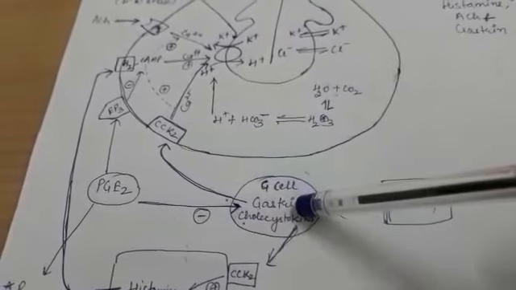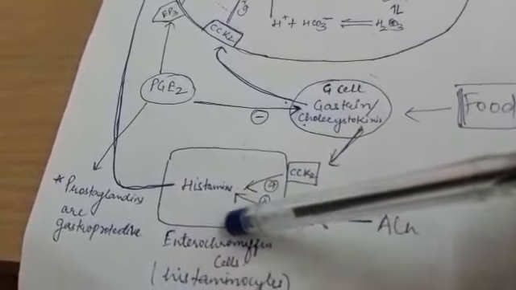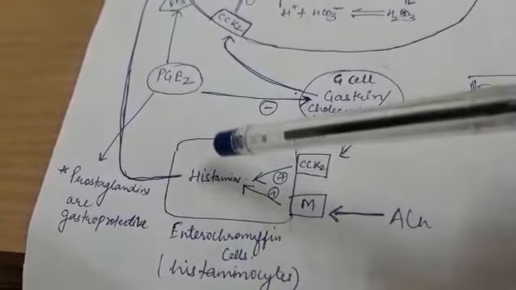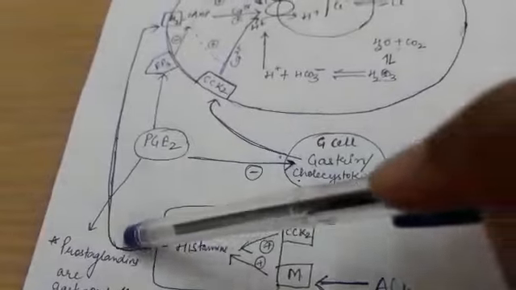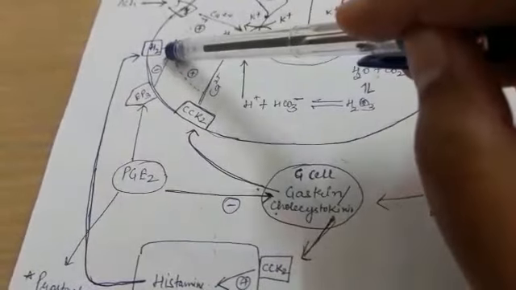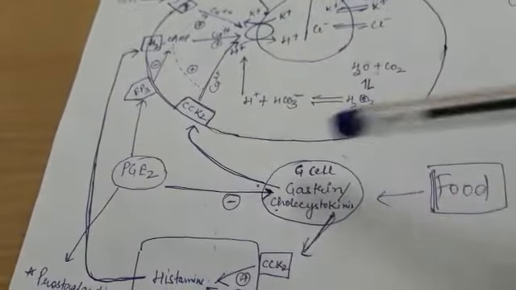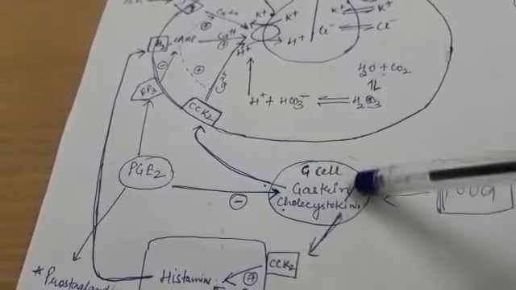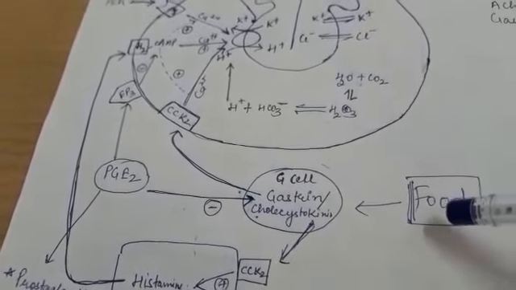Now this gastrin is secreted by the G cells, and this gastrin binds to specific CCK2 receptors. This other cell is the histaminocyte, or enterochromaffin cell. Histaminocytes release histamine, which binds to H2 receptors. Gastrin is secreted when food enters the stomach.